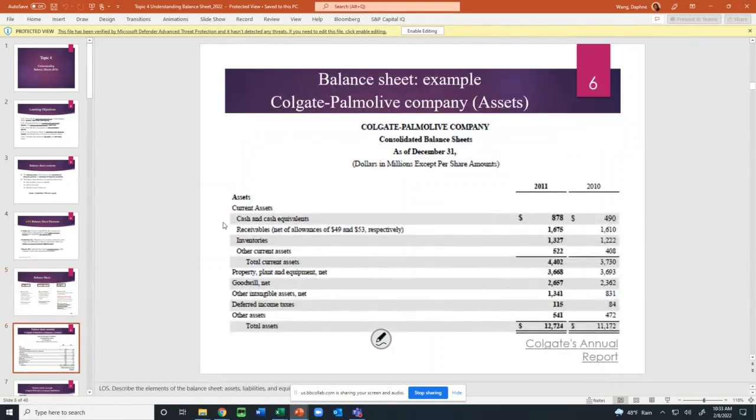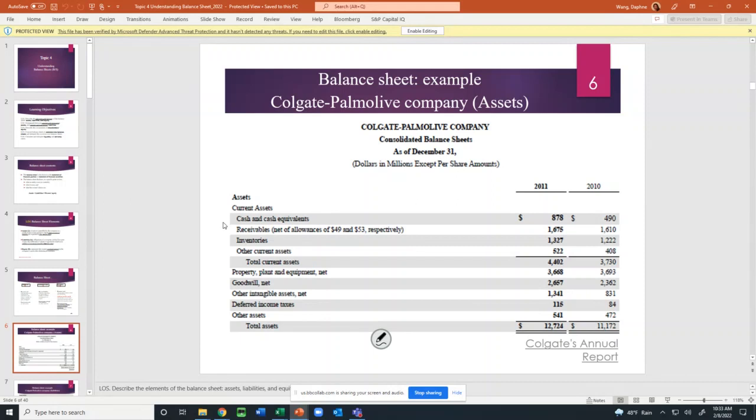So this is an example of the assets for this company. You can see here assets, then current assets. There's cash or cash equivalents, which are like short-term investments that can easily be changed to cash quickly. Accounts receivable, inventory, and other.